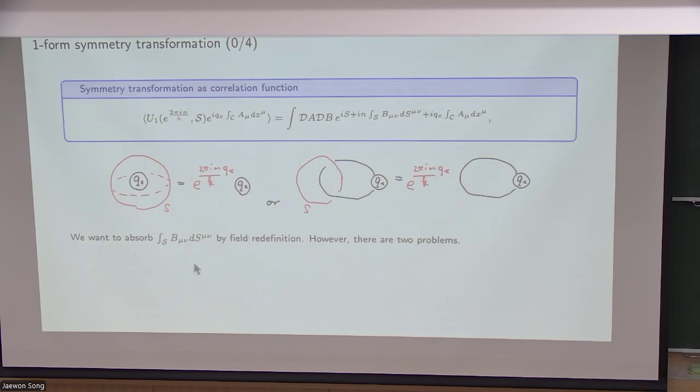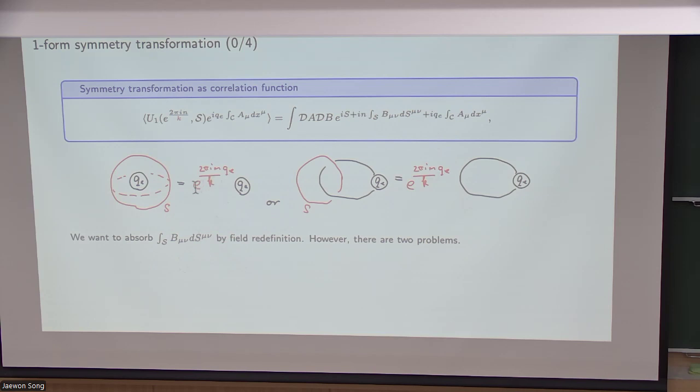I'd like to calculate this correlation function. In the path integral formalism, this correlation function can be written like this. This is the BF action, this is the symmetry generator, and this is the Wilson loop. The configurations of S and C are as follows. This is C, and this is the time slice of C. We want to absorb B mu nu S mu nu by the field redefinition to have the phase transformation.